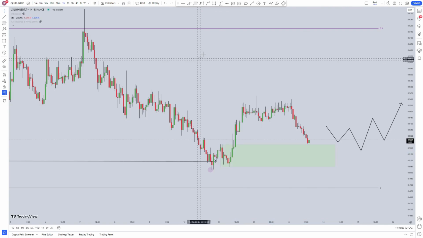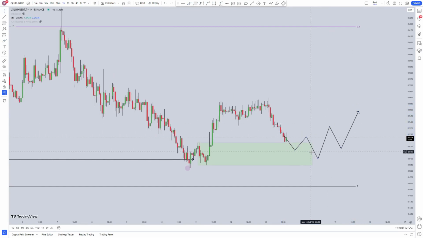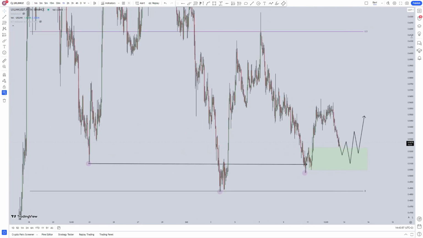Because from here on out, buyers stepped in and took over this downtrend. So that means buyers were ready to push price up from this point. So I want to keep this and wait for a local change of character for maybe a push towards the upside.